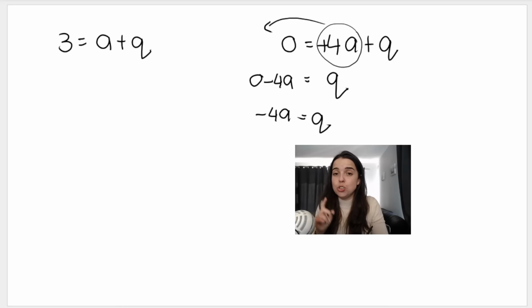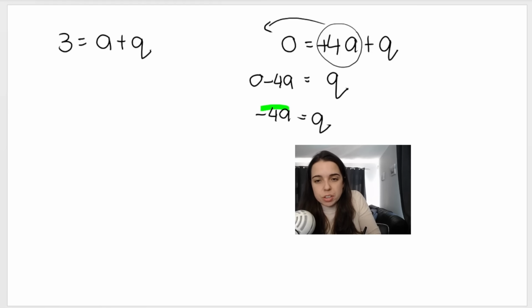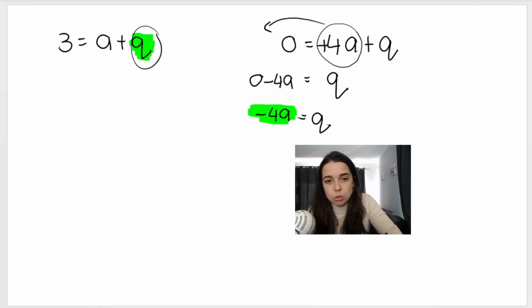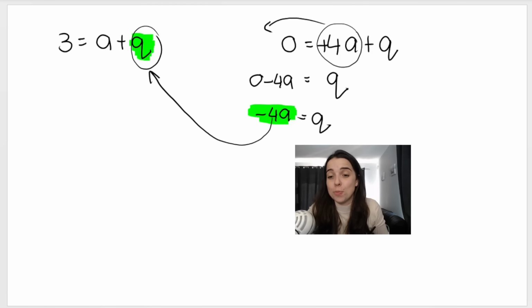Now, how substitution works is Q is equal to all of this. Q is equal to that. I also have a Q in this formula over here. So in the place of this Q, I'm going to substitute what Q is equal to. I hope that makes sense. It's called substitution.